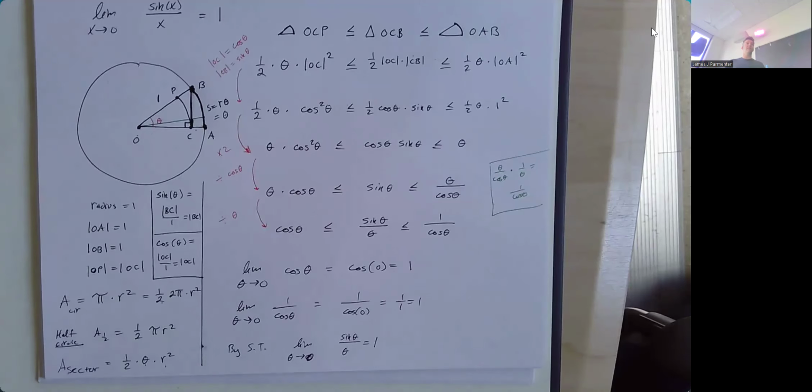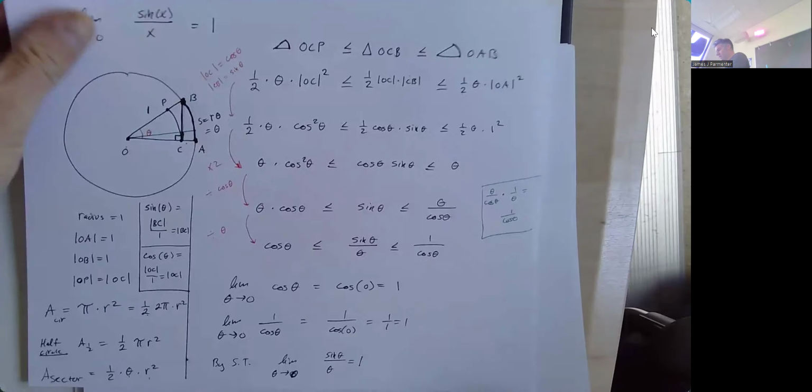In practice, what does this mean for us? It means that whenever you see the limit, I'm going to say it very generally, I'm going to use the word I use a lot, stuff.